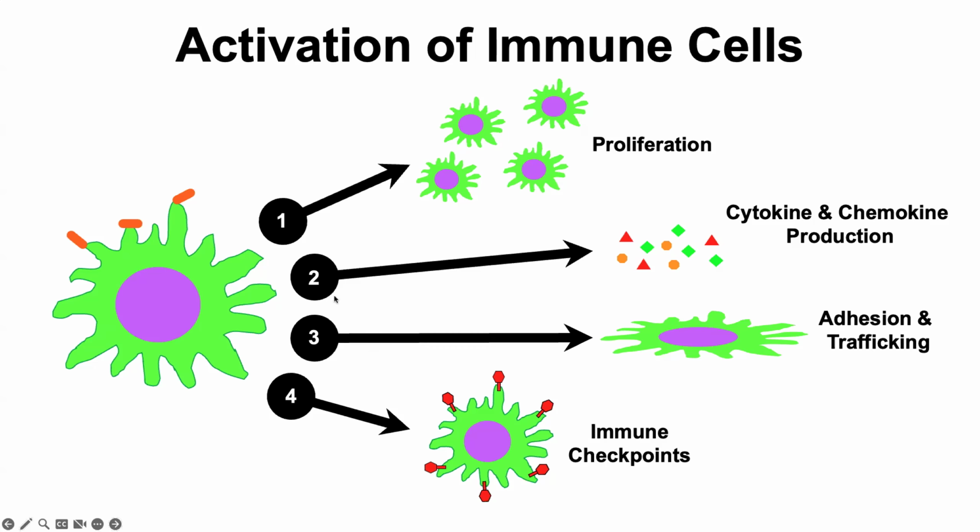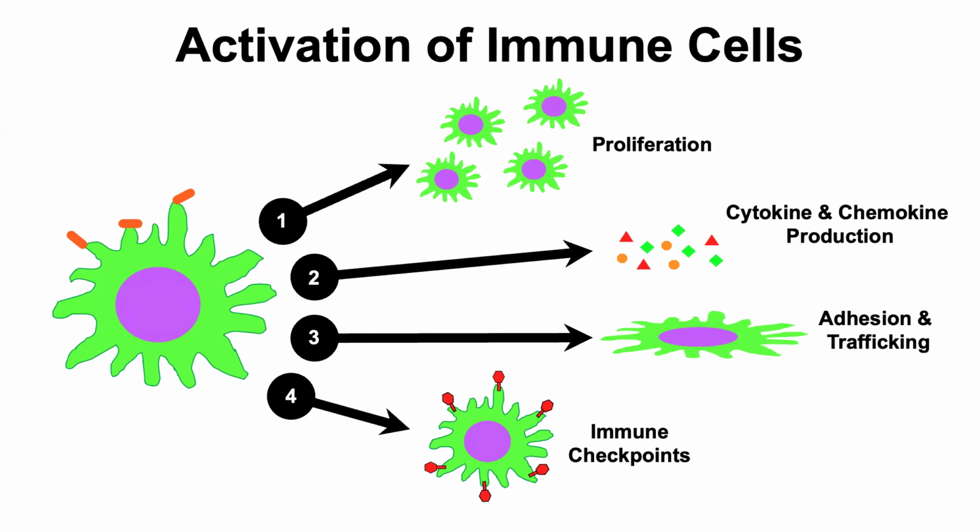And so what happens is as cells are exposed, say, to a pathogen, like shown here, say bacteria, one of the things that they'll do is upregulate adhesion and trafficking molecules to allow them to traffic into tissues. The other thing that they'll do is they'll, of course, get very excited: we've got to get out there and attack this pathogen.